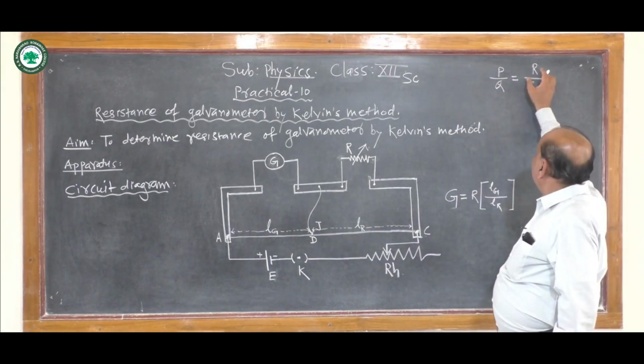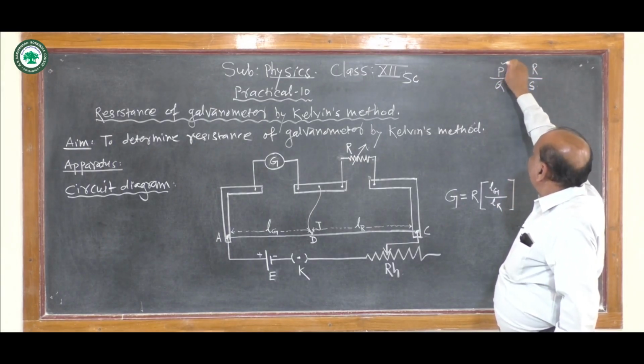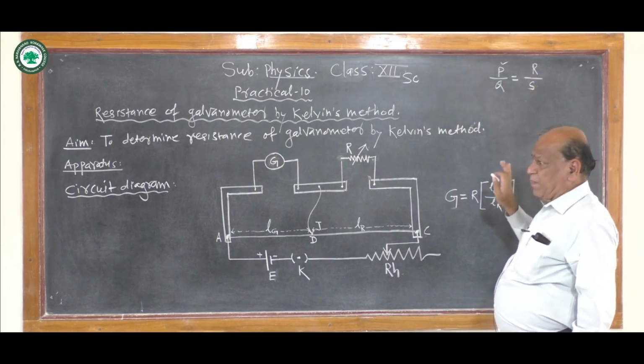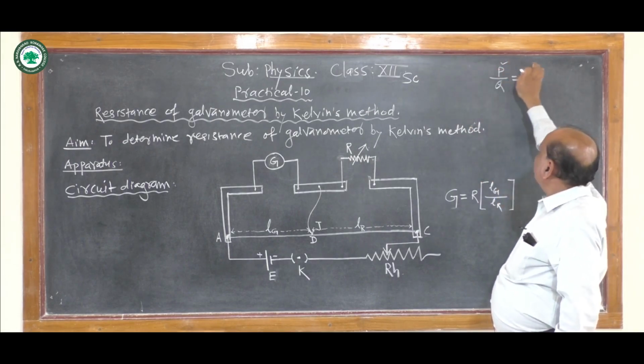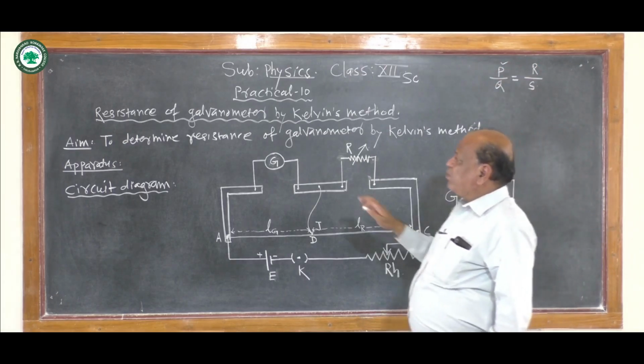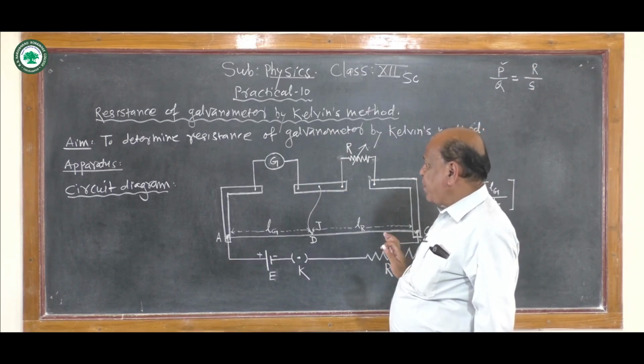If we know three values of the resistors, then the fourth can be calculated using this formula. Here we have to use this Wheatstone's balancing condition to determine the resistance of a galvanometer by Kelvin's method.